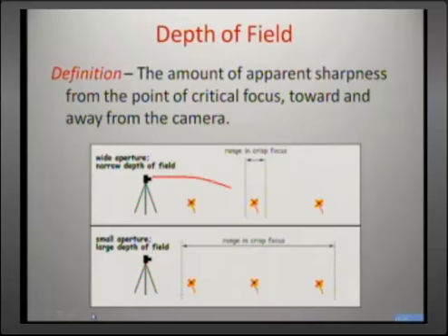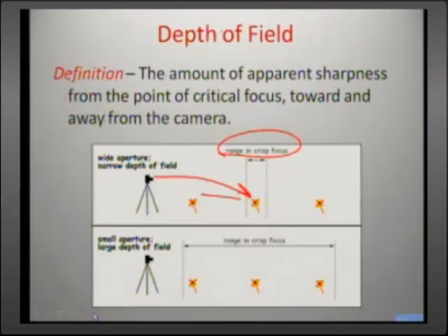What we're doing really is we're focusing right here on this flower, and then with a wide aperture, this is our only area of crisp focus. Everything toward the camera and away from the camera, from the point of critical focus, which is right here, becomes less sharp. And that amount of sharpness will depend upon what aperture setting you are using.